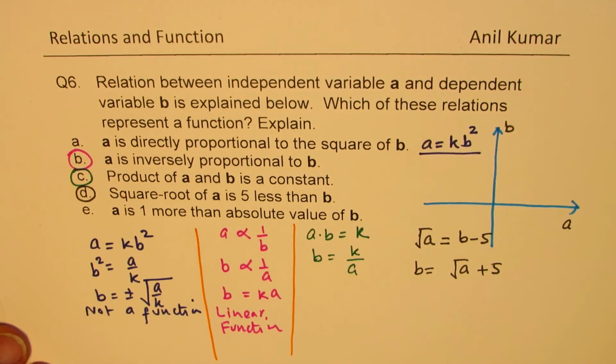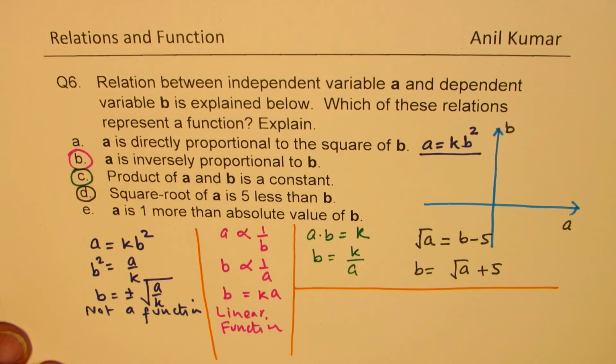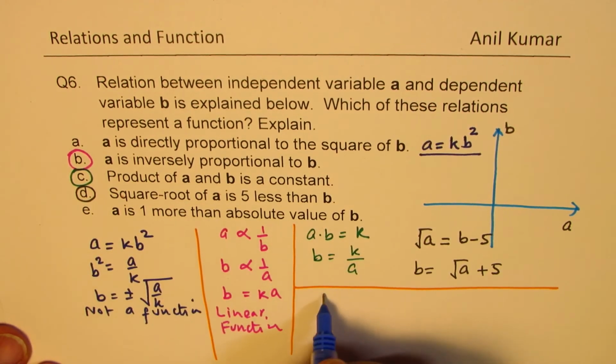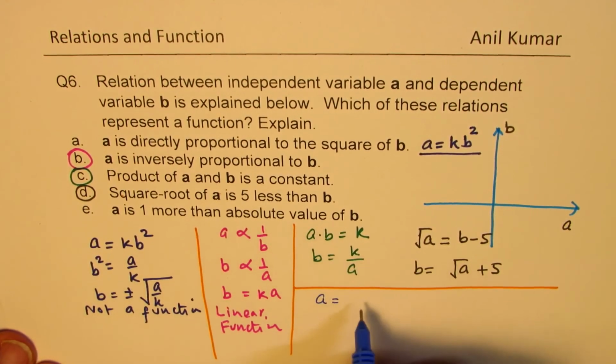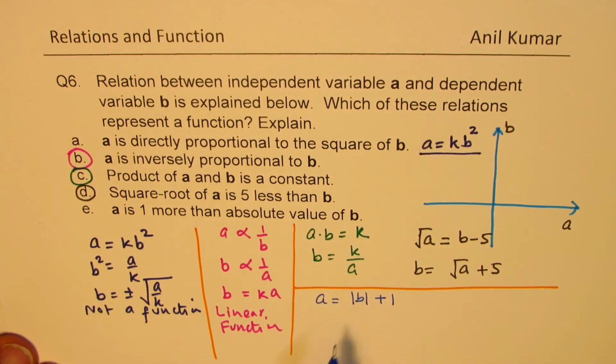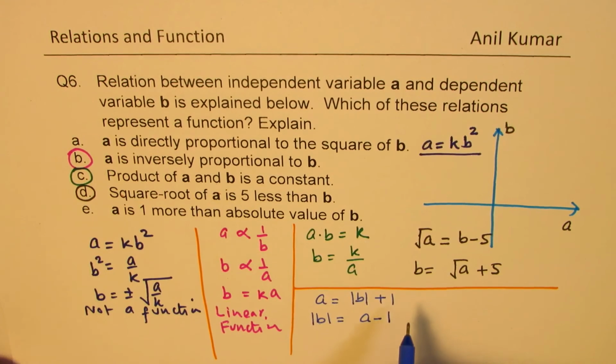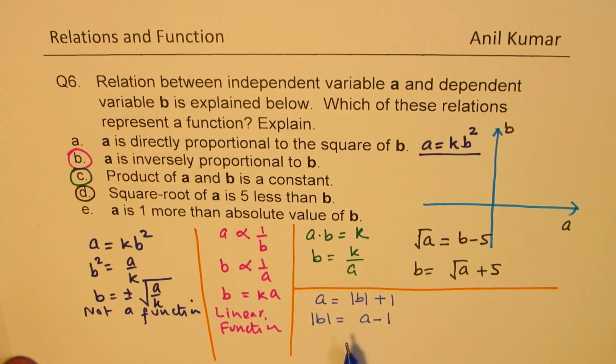The last one here is A is 1 more than the absolute value of B. Let's write it down like this: A equals 1 plus absolute value of B. We need to isolate B now. So absolute value of B is A minus 1. Now, is that a function or not? How will you figure this out? There are a couple of ways to look into this.